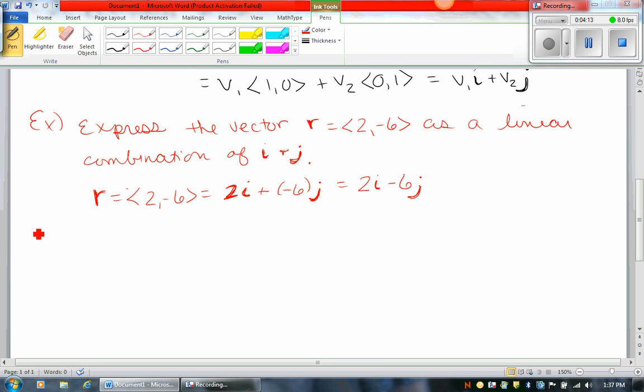Let's look at another example. We're going to write the vector q, which is equal to negative i plus 7j, in component form.